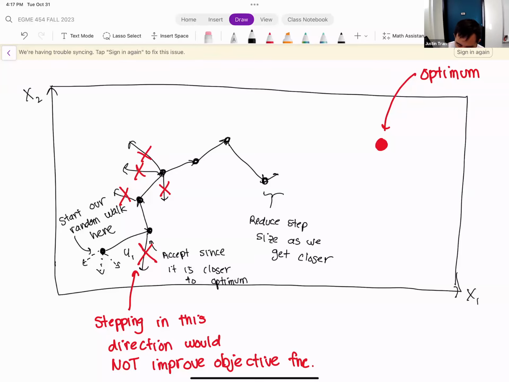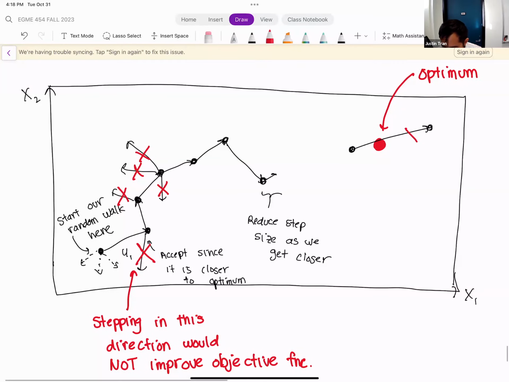Okay. Because what can happen is, so let's say that we're right here, right? I'm just skipping ahead a little bit. So let's say that we're right there, but our step size is too big, and so let's say that we step in the right direction of the optimum, but maybe we just overshoot it like crazy because our step size is too big. And so we may look at that point right there and be like, oh, we're actually further away from the optimum than we were before, right?